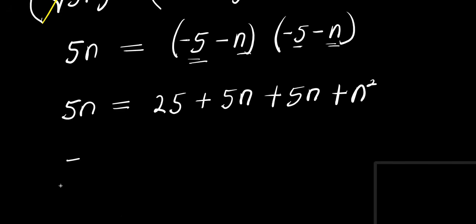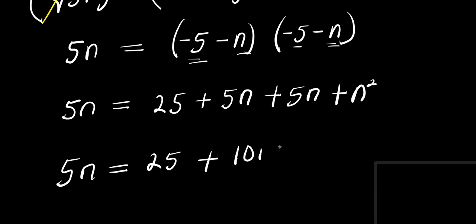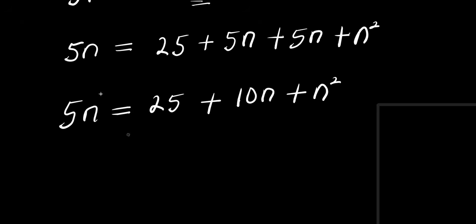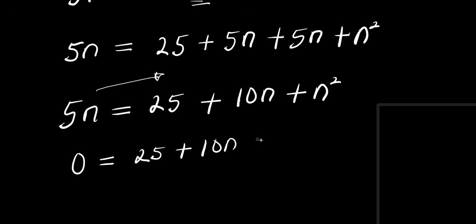So from here, our 5n equals 25 plus, this is 10n, plus n squared. So we can move this over here. Now 0 equals 25 plus 10n plus n squared minus 5n.